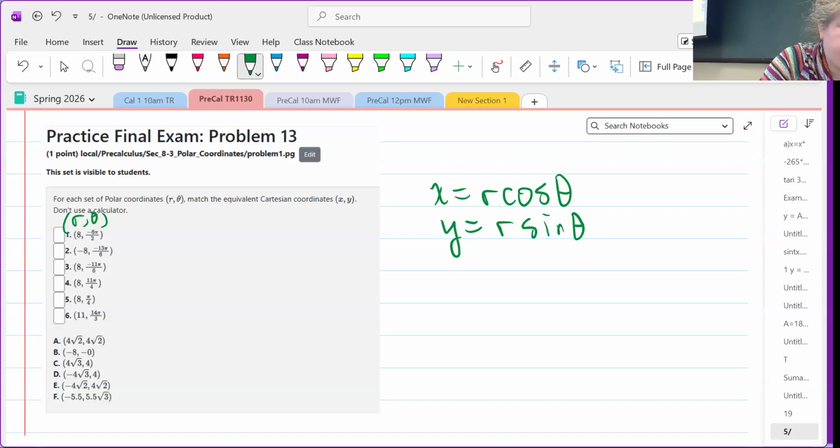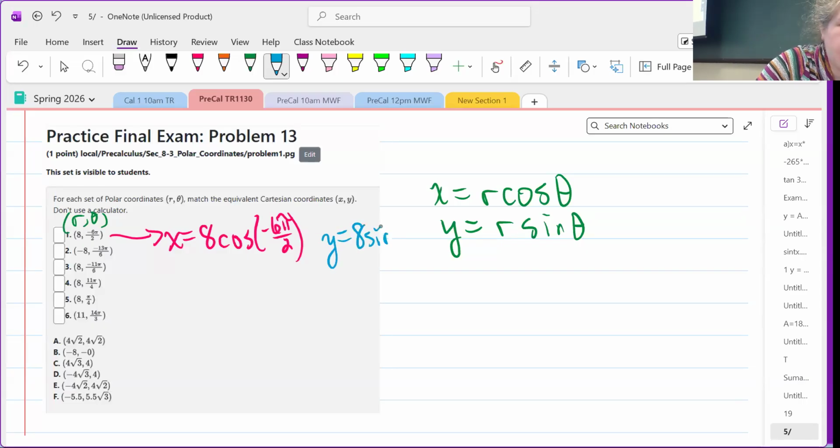So let's just go with the first one then. So the x coordinate is going to be 8 cosine negative 6 pi over 2. And then the y is going to be 8 sine negative 6 pi over 2. Now, since we've got pi numbers for our angles, we need to put the calculator in radians mode.